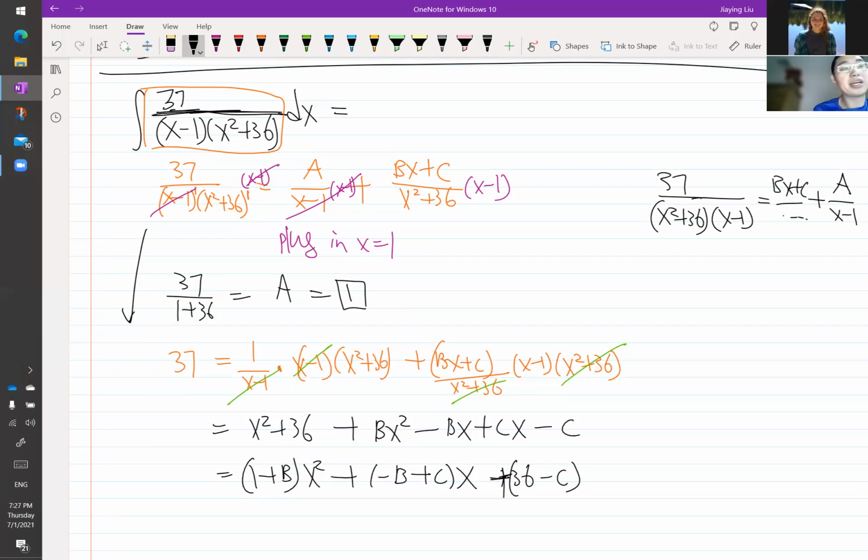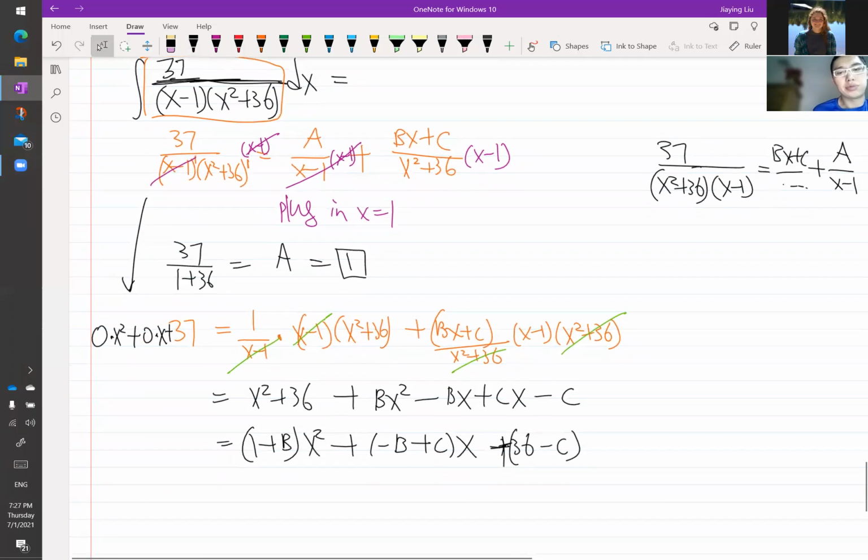On the left, I only have 37. I don't have x squared. So you can assume there's a 0 times x squared and a 0 times x and a plus 37, which means the 0 of the x squared has to match with 0 of 1 plus b. So we can find b there.